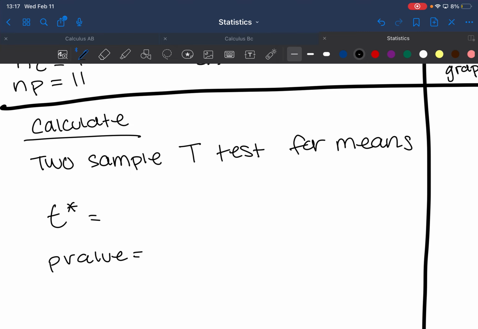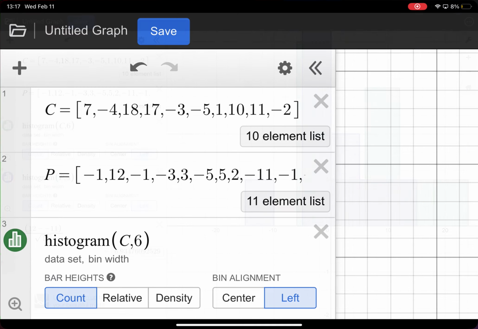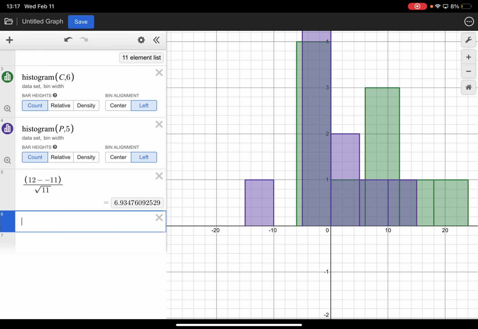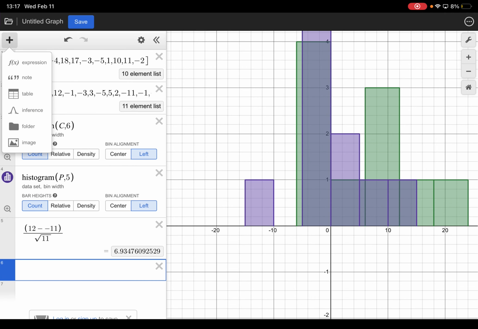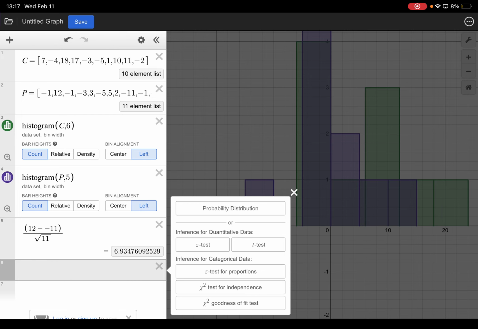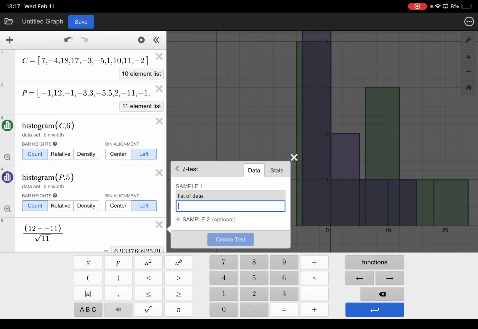So we do not have convincing evidence that calcium supplements reduce blood pressure more than the placebo.